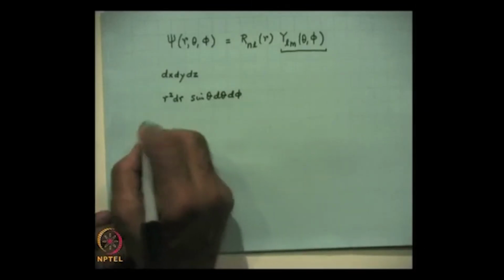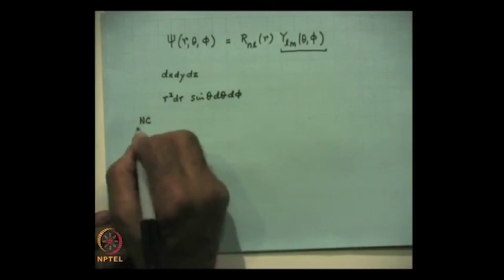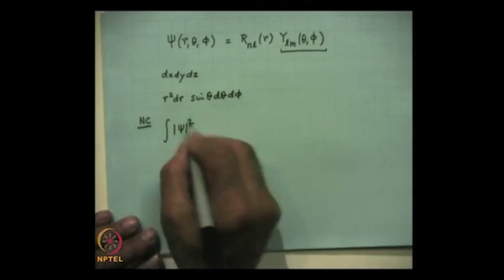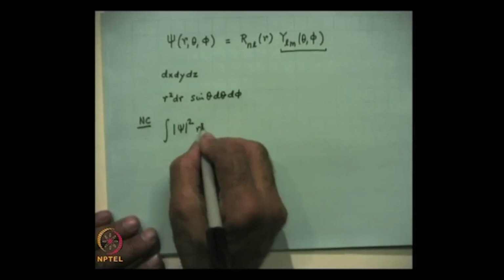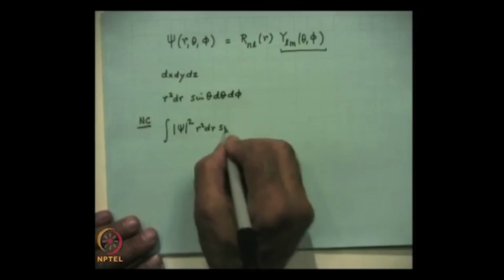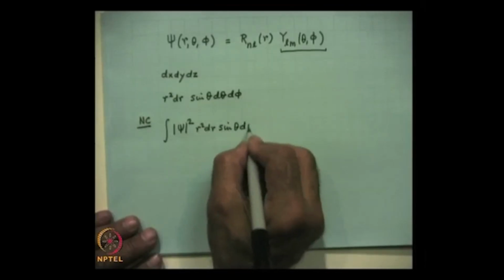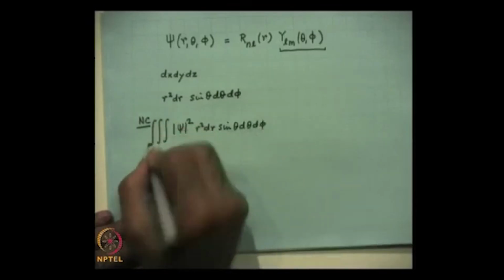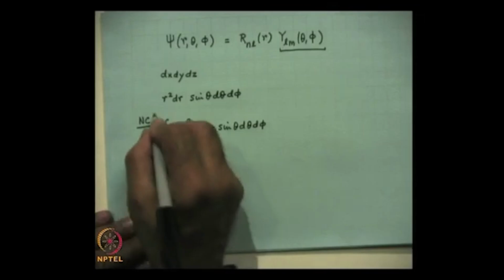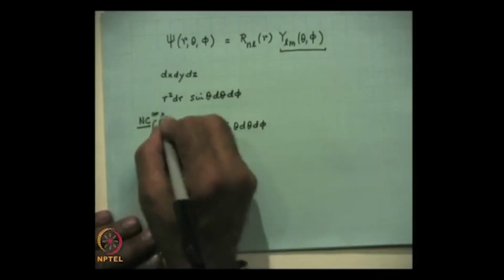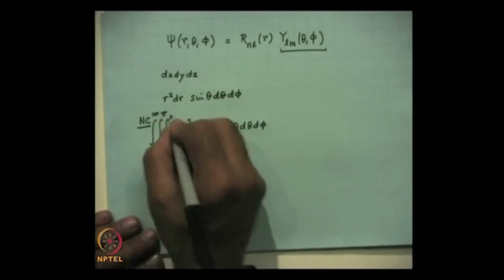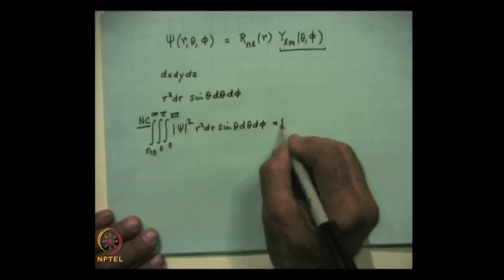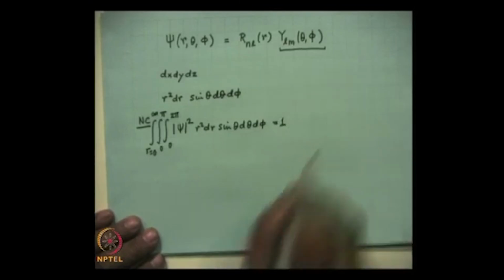So, the normalization condition is the triple integral of mod psi square times this whole volume element, r square dr sin theta d theta d phi, where r goes from 0 to infinity, theta goes from 0 to pi, and phi goes from 0 to 2 pi. This must be equal to 1. This is the normalization condition.